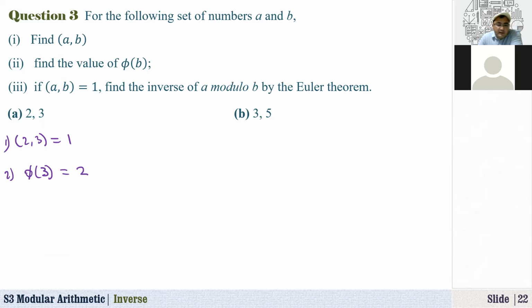And if the highest common factor of A and B is equal to 1, find the inverse of A modulo B by the Euler theorem. So by the Euler theorem, we know that phi here is equal to 2. So what is A? It is 2. 2 to the power of 2 is congruent to 1 modulo 3, right?